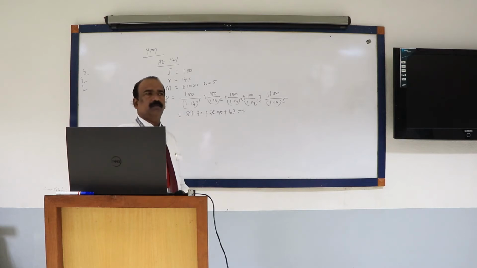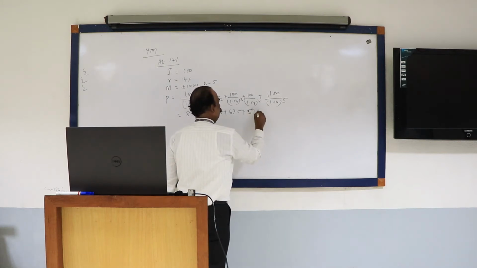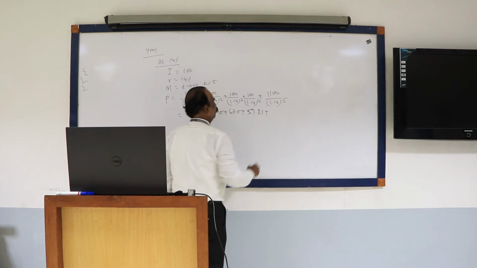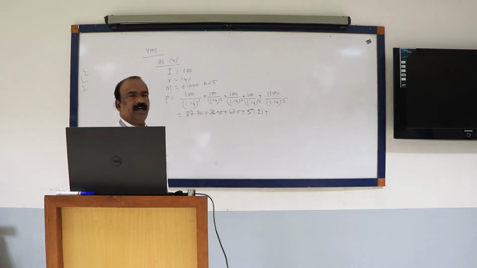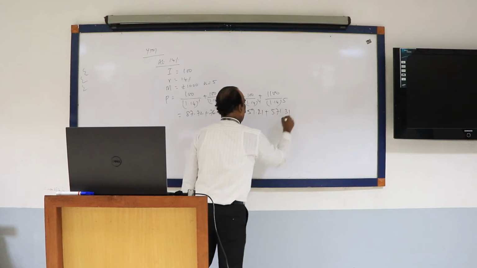That is 59.21. Plus 1100 divided by 1.14 power 5, that is 571.31.